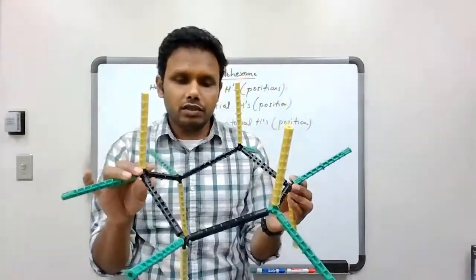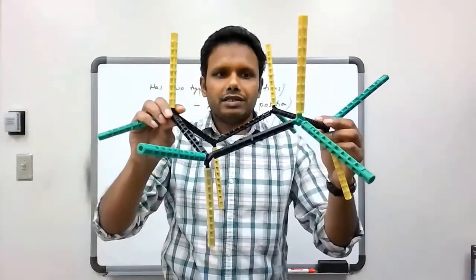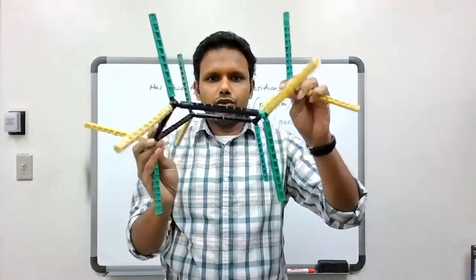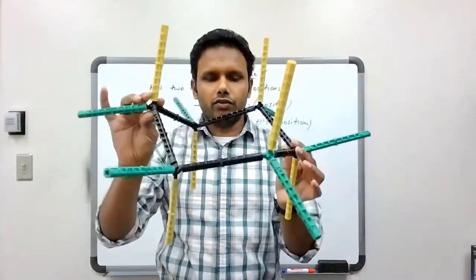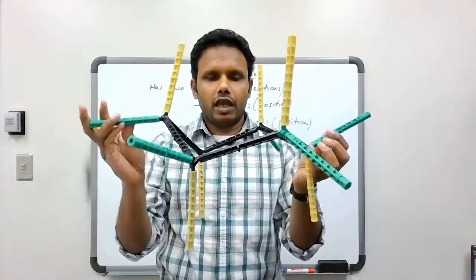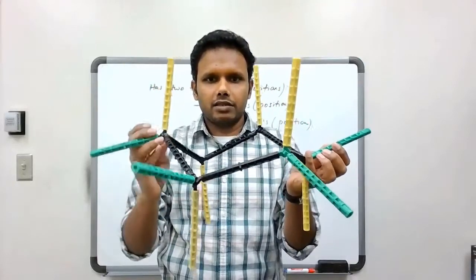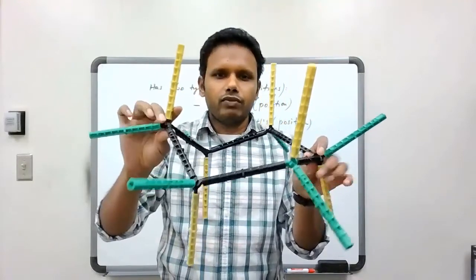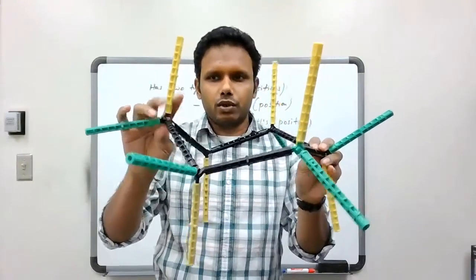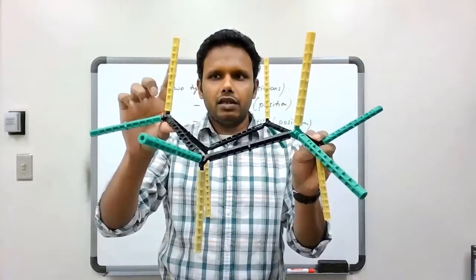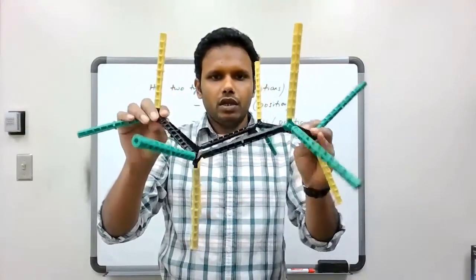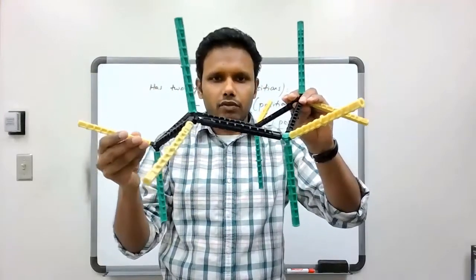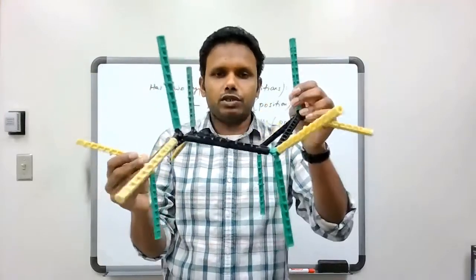So what that means is, when a cyclohexane goes from one chair conformation to another, its equatorial and axial positions change places. Whatever is axial in one conformation becomes equatorial in the other conformation, for the two chair conformations that are possible.